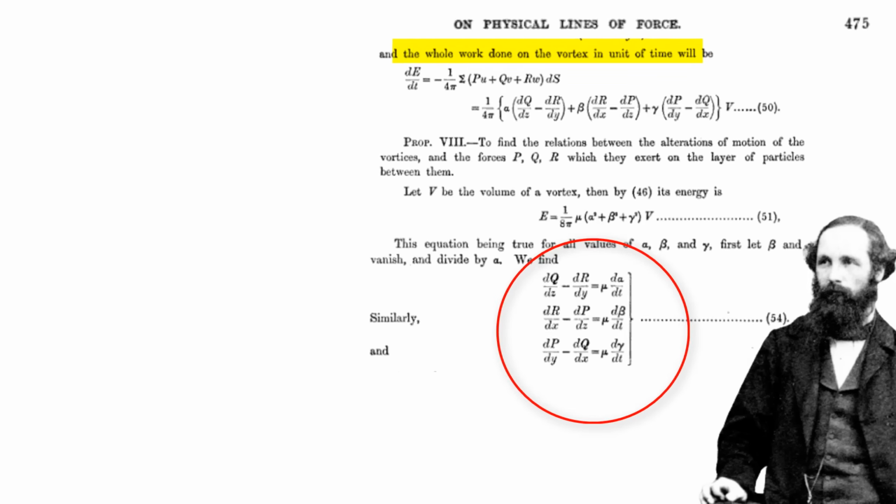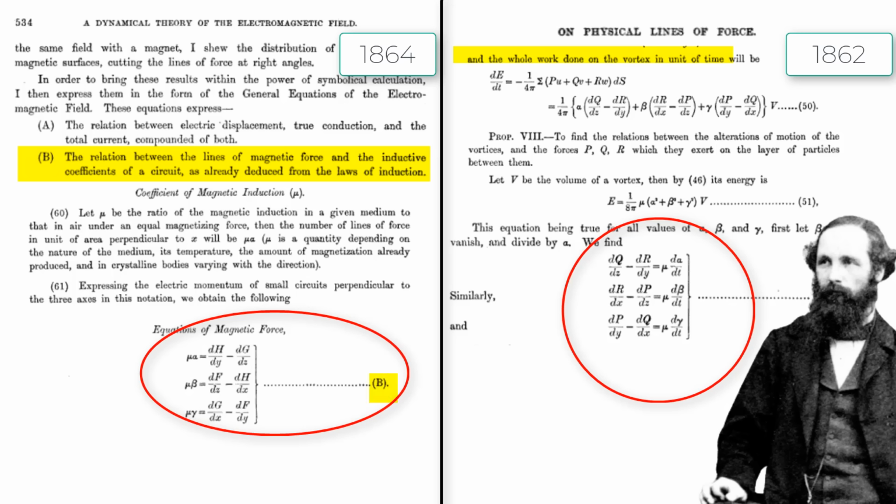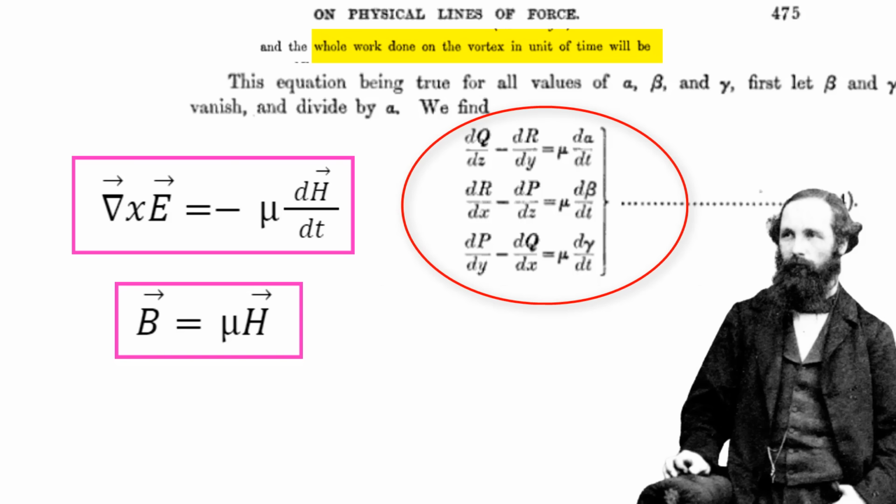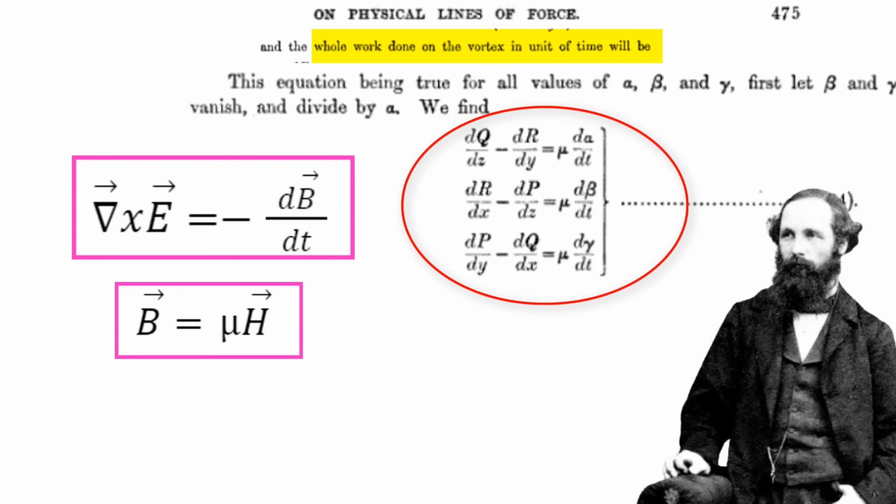However, by his famous paper of 1864, Maxwell seemed to acknowledge that it was from Faraday, as he said it was a law deduced from the laws of induction. What Maxwell derived in 1862 is that the curl of E is minus mu dH/dt. But since B equals mu H, Maxwell was also deriving that the curl of E is negative dB/dt.